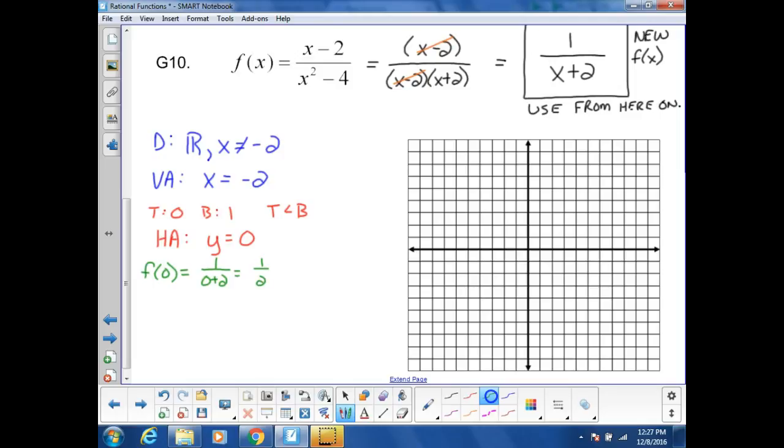So that tells me I have a y-intercept at 0, 1/2. Numerator equal to 0 tells me my x-intercept. What's my x-intercept? None, because 1 can never equal 0.